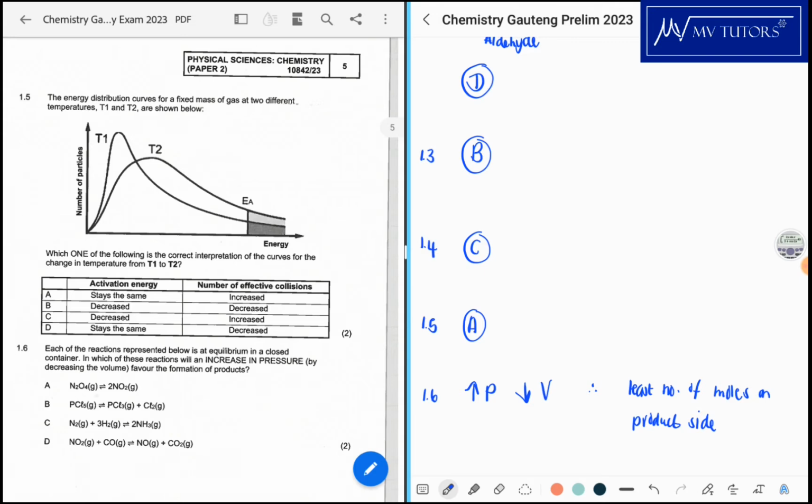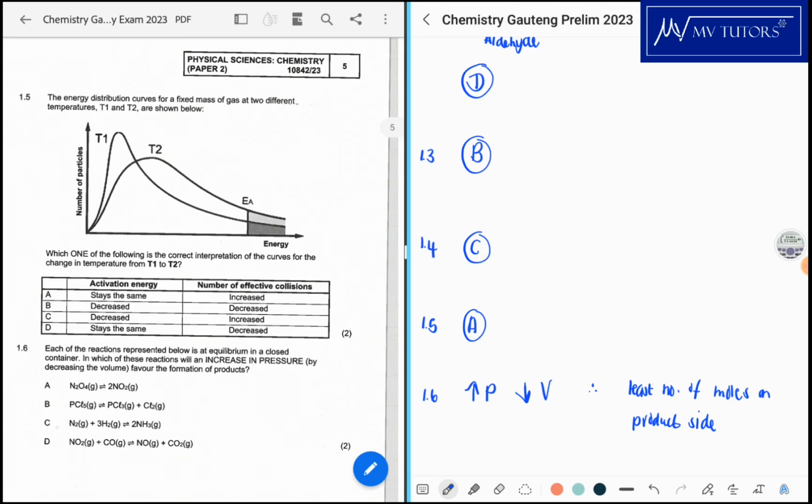So A, we have more moles on the product side, meaning the reactants are favored. So A is out. B, again, we have more moles on the product side, meaning the reactants are favored. So that is out.